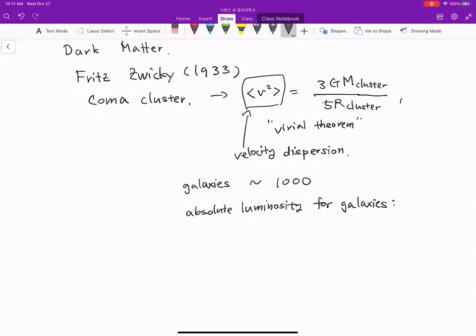So the averaged luminosity L equals, at the time, 8.5 times 10 to the 7 solar mass. So this is the sun's mass.